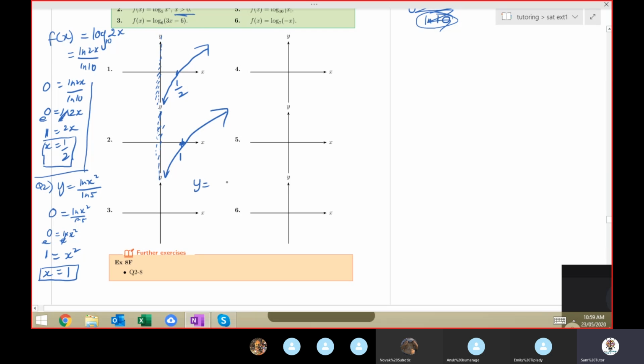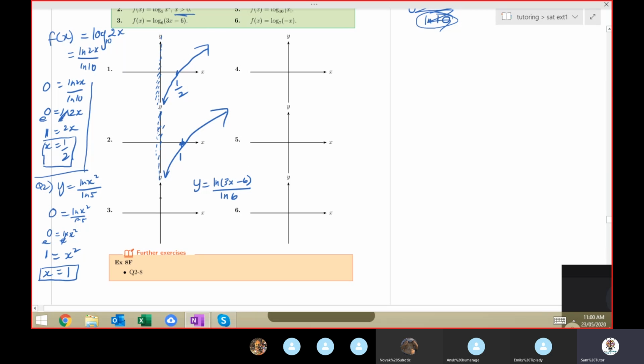Actually, I might let you guys think about it for a second. The only thing I want you to tell me is, what is my asymptote? It is not at 0. And the problem is, if you want me to tell you how to think about it, you're not allowed to log 0.